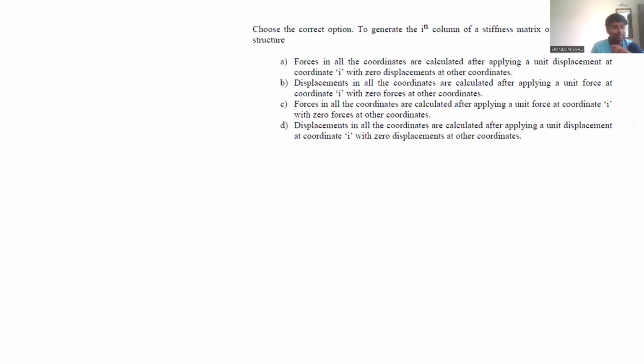Now tell me, this is a theoretical question. There is no need of describing this because I have told it during the procedure. Use the correct option to generate the ith column of the stiffness matrix of a member in the structure.